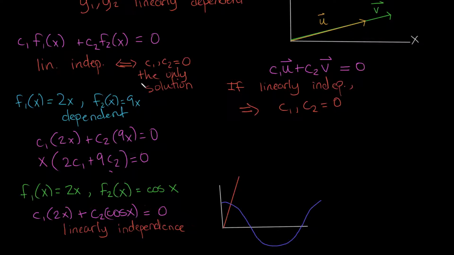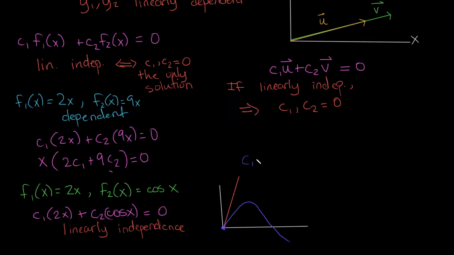Oh, and I suppose one thing that I should have said also is that this has to be true for all x. So it's not just that you can find one value of x, but it must be for all x. So obviously if I had said that this function here was the sine of x, we would have had one value here where both functions were 0. So that would have meant that at 0, even though sine and 2x are obviously just as linearly independent as 2x and cosine of x, we would have had f1 of x times some constant plus f2 of x times some constant.